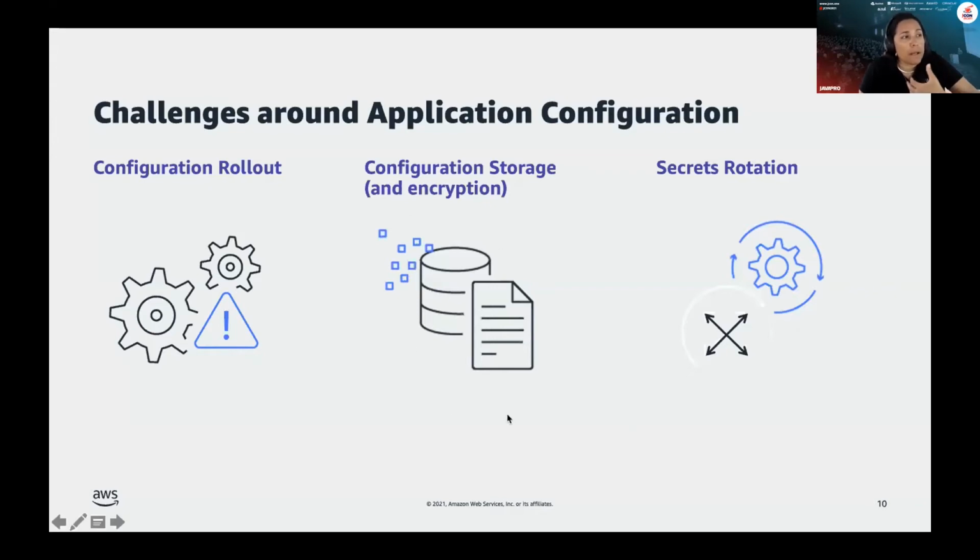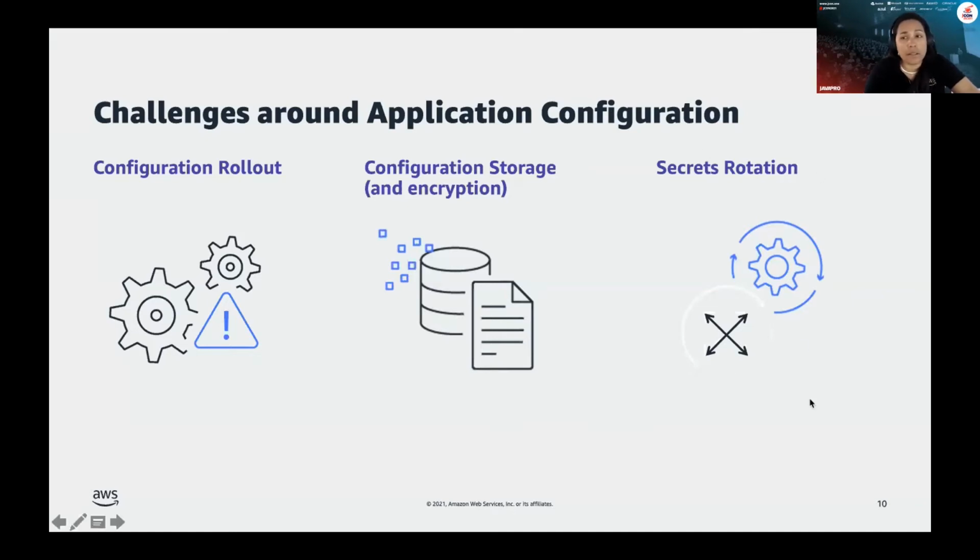We also talked about storing configuration externally. So which service can help us with this? And in case we have sensitive parts to our configuration, sensitive key values, can these external key value stores help us encrypt those bits of configuration?